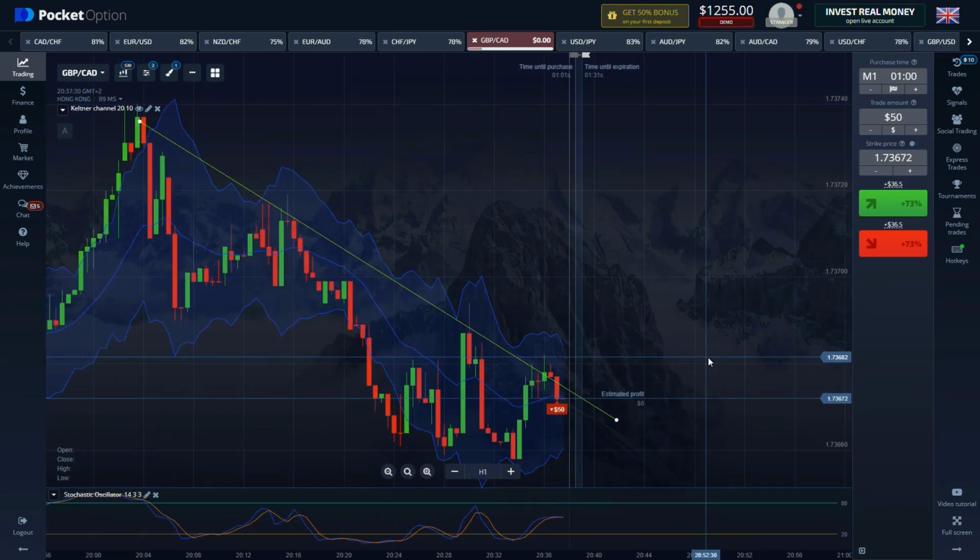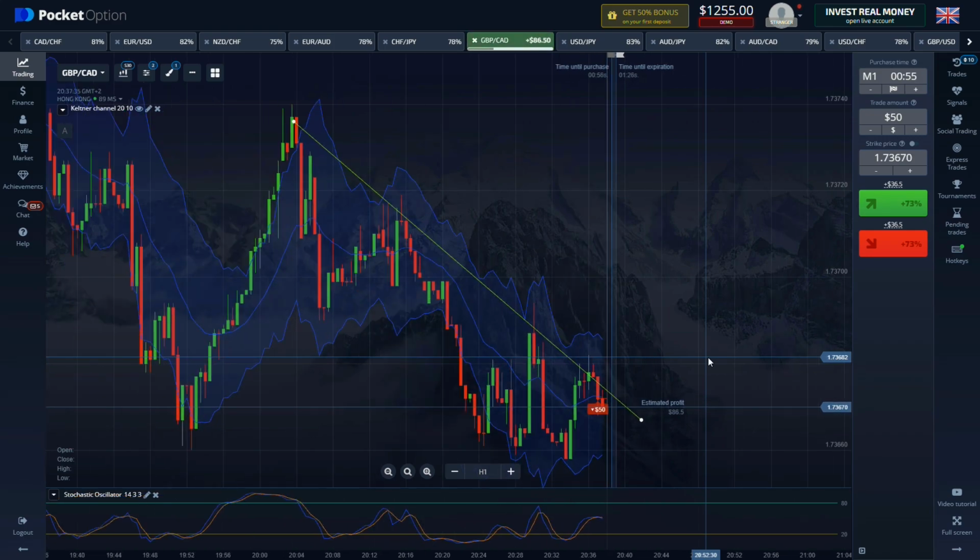We traded it before, so that's the advantage of drawing trend lines and support and resistance. You can see it. Let's see what's gonna happen. So nice trade.